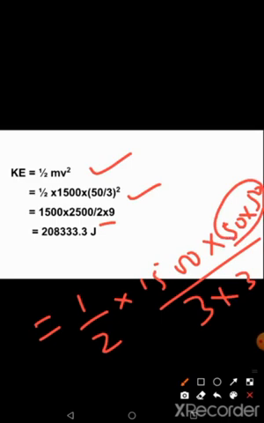So when you multiply and divide this, try this and see. 1500 multiplied by 2500 divided by 18, or you can cancel also 1500 by 2, 750, right? And you can simultaneously reduce and find the answer here. The answer that you will get will be 208,333.3 joules. Clear to you?